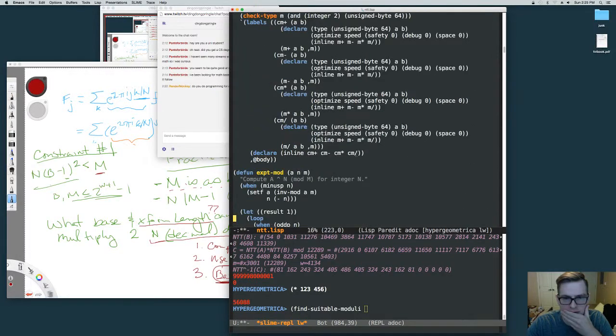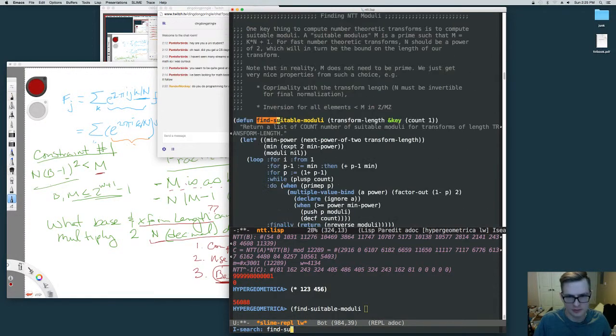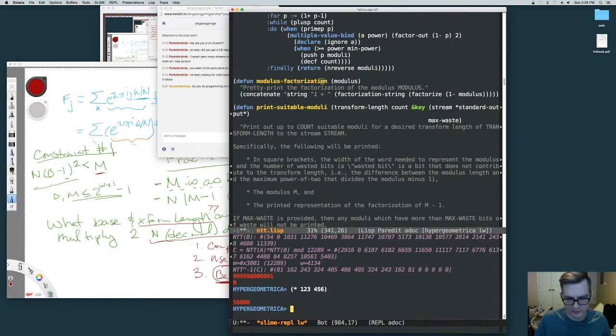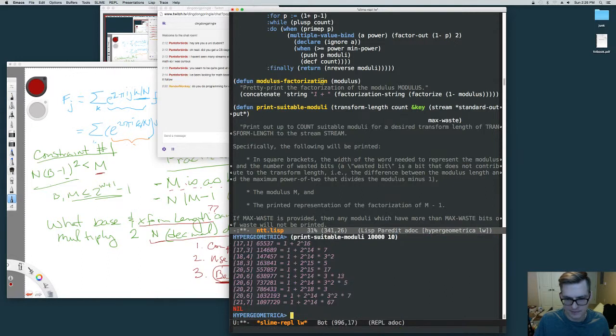Let's look at the print suitable moduli. If we have a transform length of 1,000, then some moduli that satisfy this are here. 65536 plus 1 is an appropriate modulus that we can use.